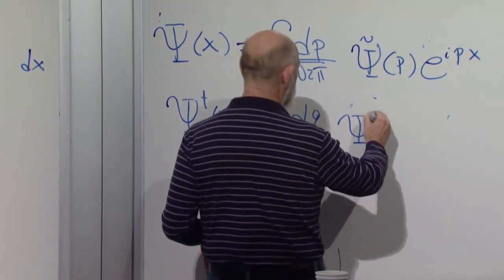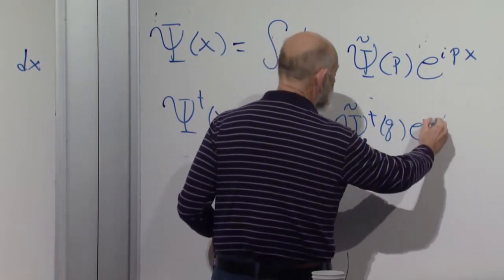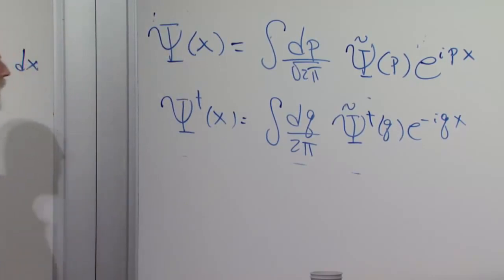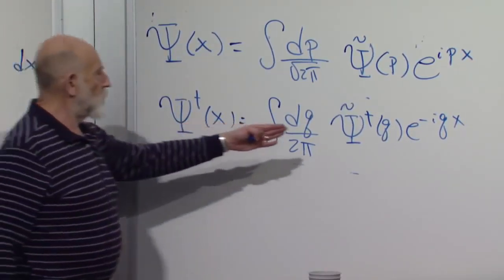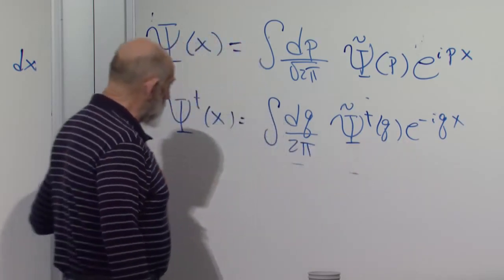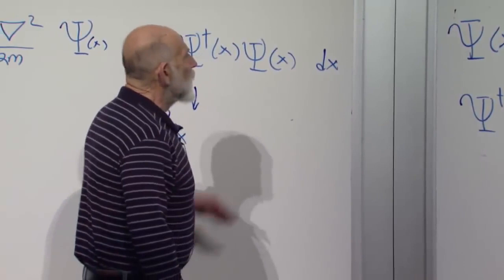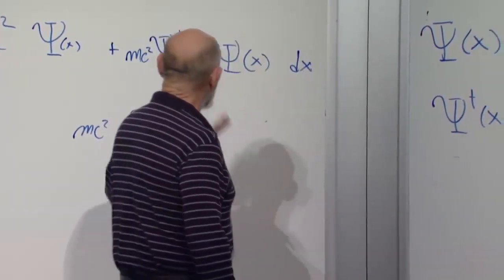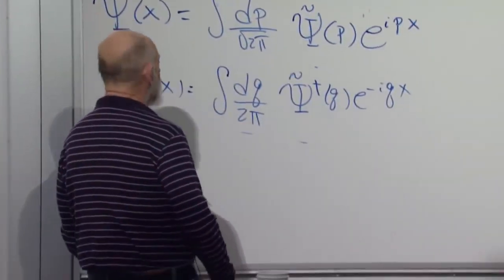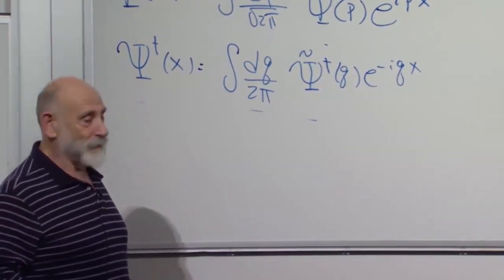Psi dagger twiddle of q. And now there's an e to the minus i q x. Why is it e to the minus i q x? Because we're supposed to put the complex conjugate wave functions here. Everything gets complex conjugated. Okay, let's take psi of x times psi dagger of x, exactly the thing which appears here. And then let's integrate it over x and see what we get, just for fun.